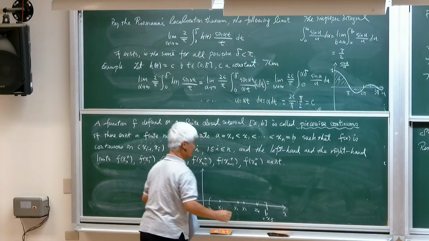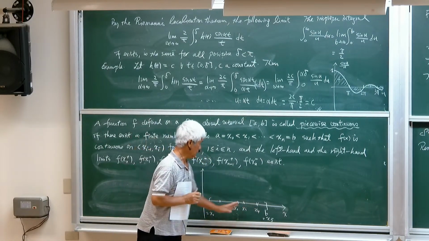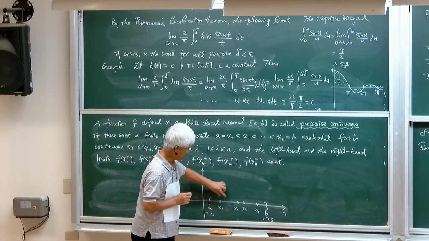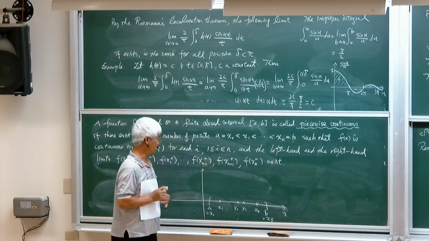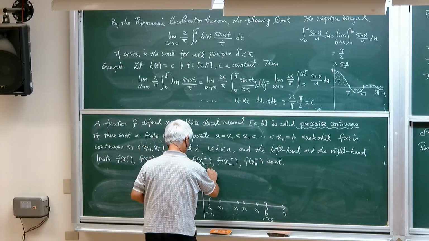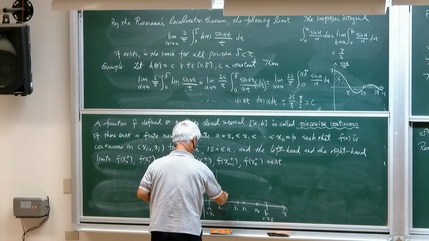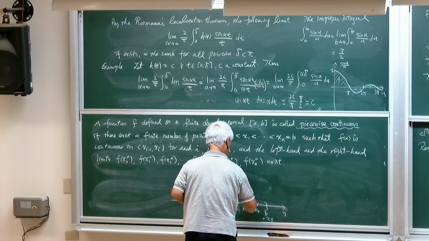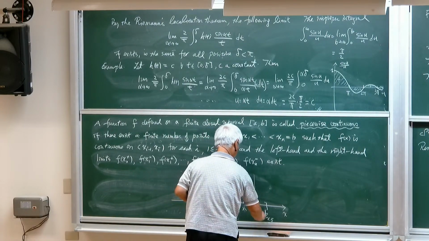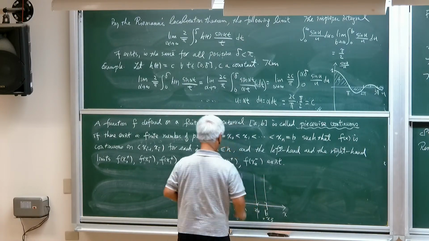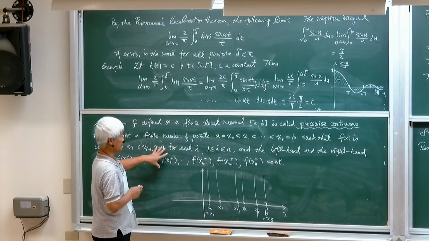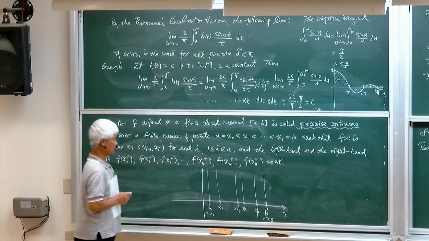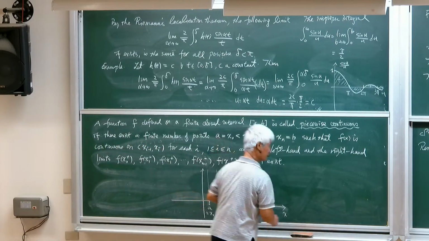So we can divide the defining interval into 5 pieces: 1, 2, 3, 4, 5. And in each piece, excluding the ending points, the function is continuous. That's what we mean.